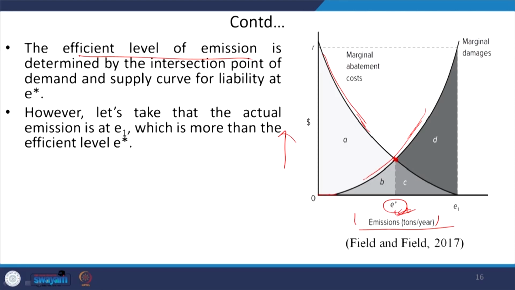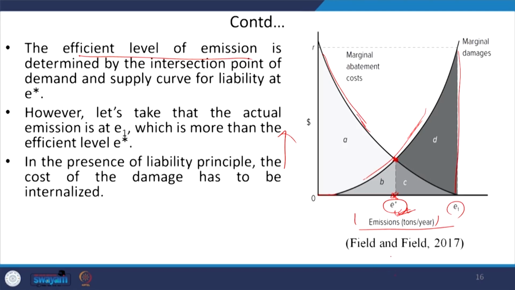However, let us say the actual level of emissions does not take place at the societal level, but at a larger extent, that is at E1.